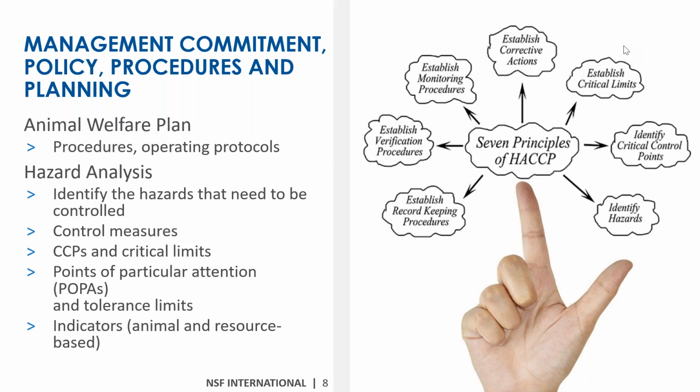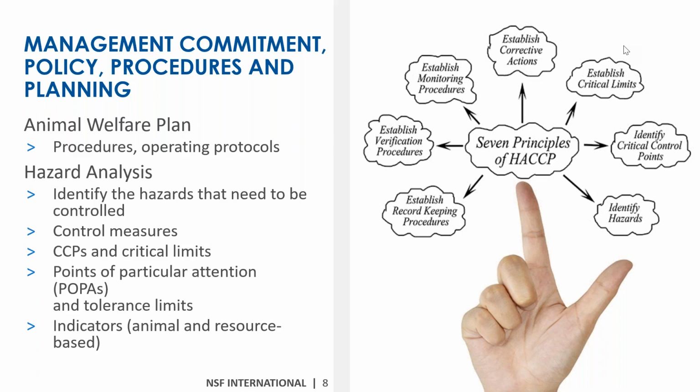I'll explain a little bit more in depth about that when we get further on into the presentation. But just to give you a sense, they're somewhere between a prerequisite program and an actual critical control point. It's something that's really of importance, but it isn't as important or as critical as a CCP, but it still needs more focus than just a prerequisite program.